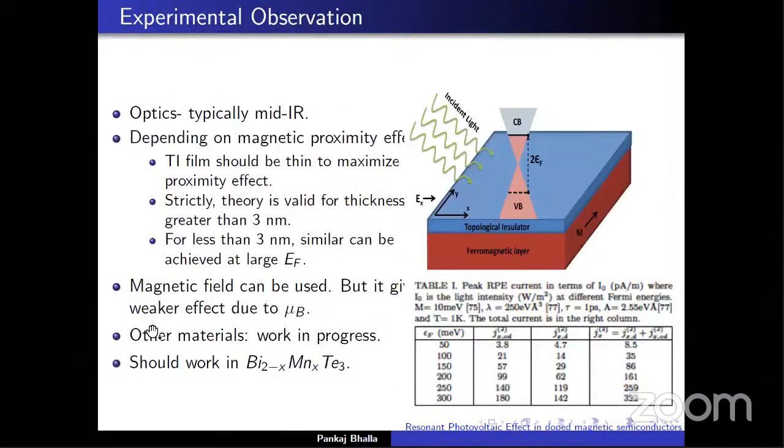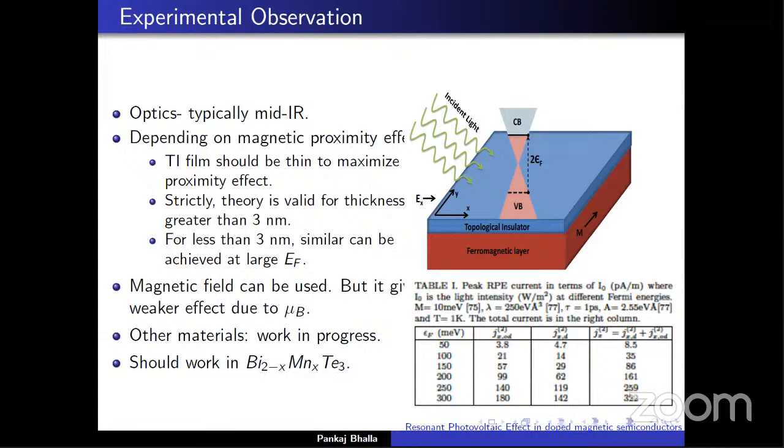So we have given some experimental ideas to observe this effect. If we have a topological insulator and place it on top of a ferromagnetic layer, due to the proximity effect one can generate an in-plane magnetization. If we shine light on the surface of the topological insulator, the carriers will be excited from the valence band to the conduction band.